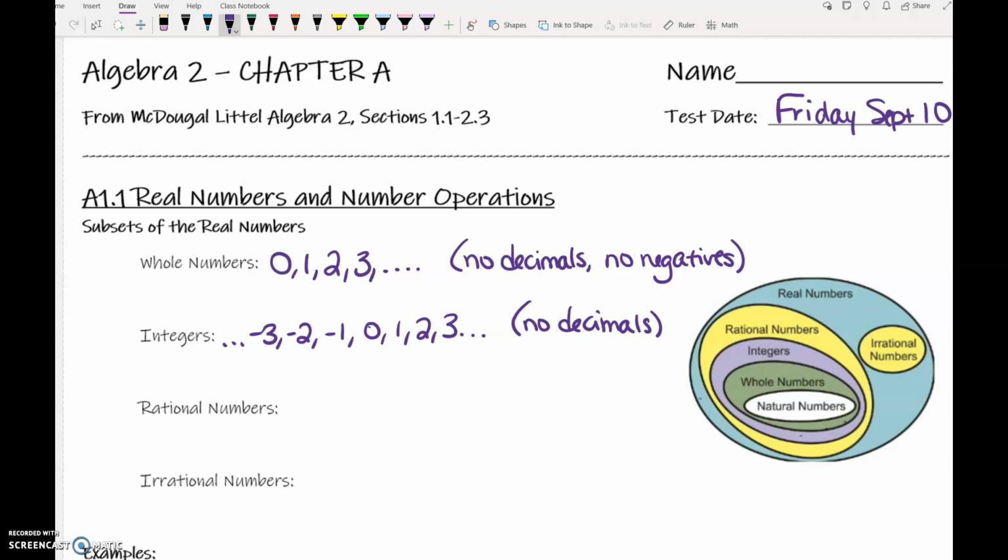Rational numbers are any decimals that can be written as fractions. I'm running out of space.